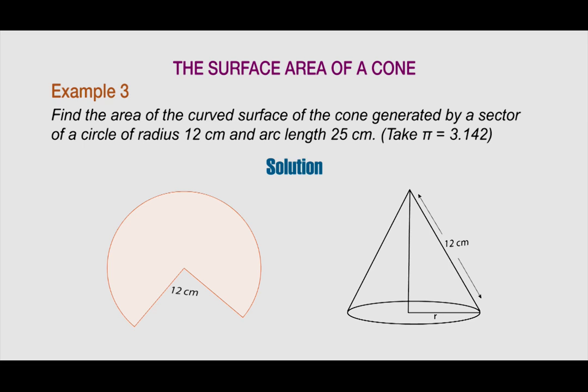The radius of the sector is 12 centimeters, and that becomes the slant height of the cone. The arc length is equal to the circumference of the base of the cone. That is L equals 2 pi r, where L is the arc length and r is the base radius of the cone.